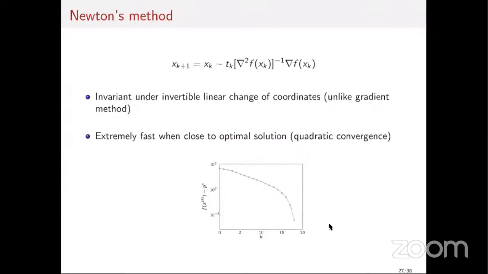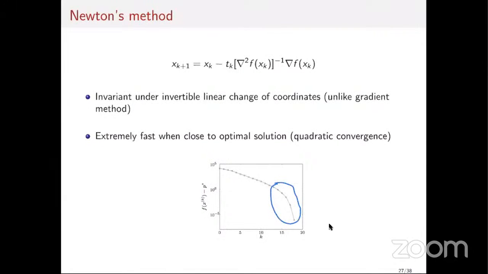Okay, and so one main characteristic, one signature, if you want, of Newton's method, is its quadratic convergence, which can be seen on this plot. So here, if you look at the plot of f of xk minus the minimum with the iterations, the quadratic convergence is seen in this piece of the plot in here.